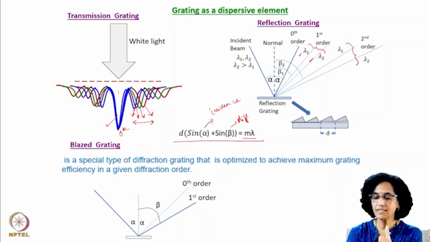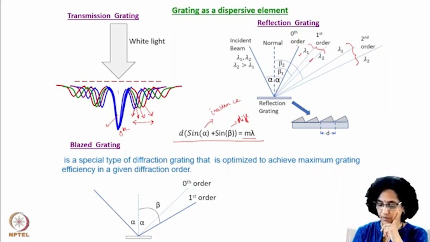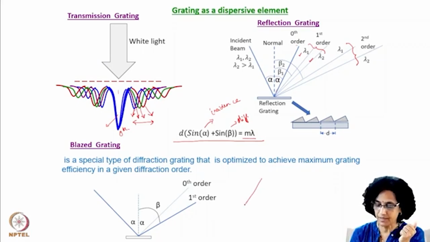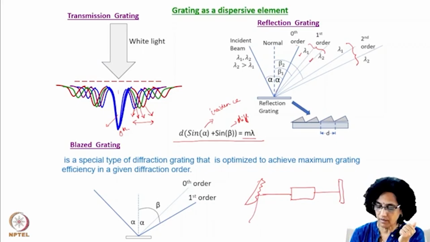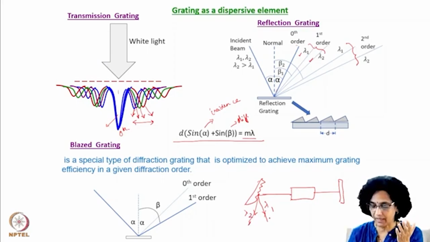Now, suppose we put this grating in our cavity, right? So if this is our cavity, this is our lasing medium, and this is our output coupler, and from the grating, depending on the wavelength, lambda 1 and lambda 2 are separated, and we will provide feedback to only one of them.